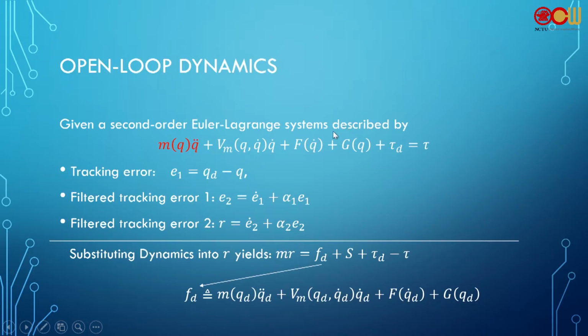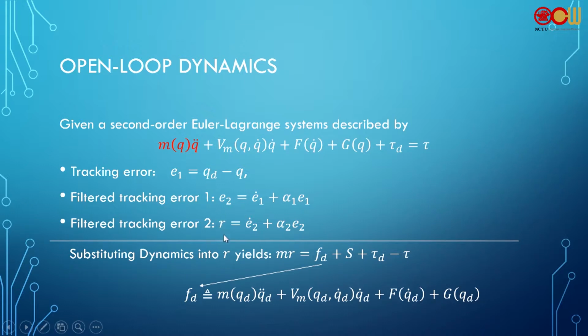So given the same order Lagrange system we mentioned before, we design three tracking errors. The first tracking error is the difference between qd and q, the desired trajectory and the current trajectory. And you have two filtered tracking errors. We used to have only one, but now because we want to take one more time derivative on the error, we have to use another filtered tracking error, filtered tracking error 2.